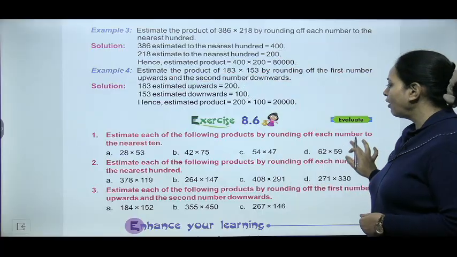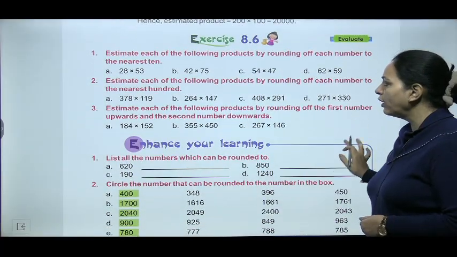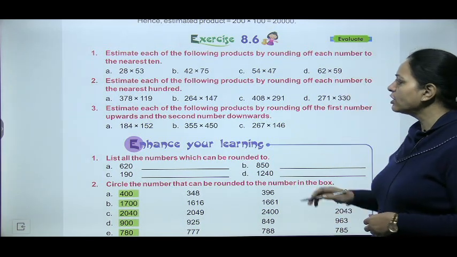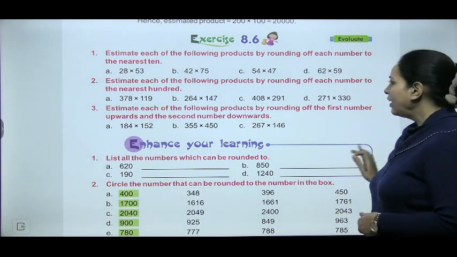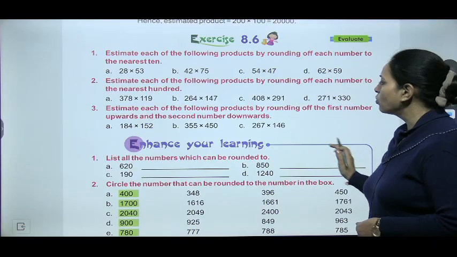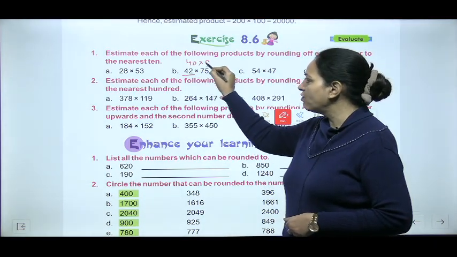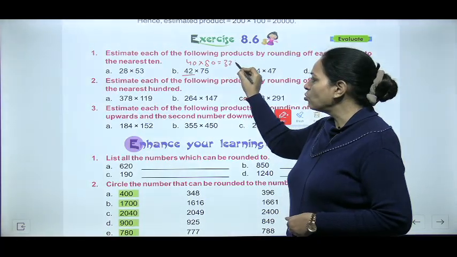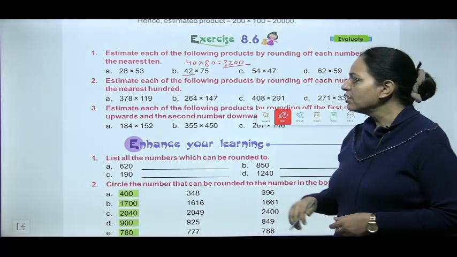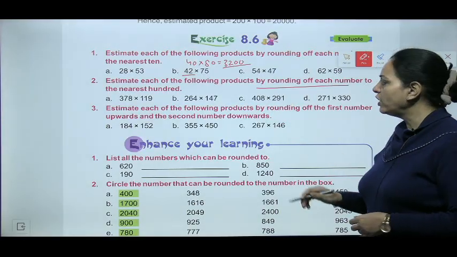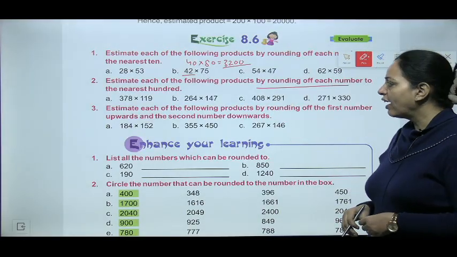So exercise 8.6, question number 1. Estimate each of the following products by rounding off each number to the nearest 10. Like B part, 42 into 75. So 42 is 40 and 75 is 80. So 3200. Okay. Second question, estimate each of the following product by rounding off each number to the nearest 100.